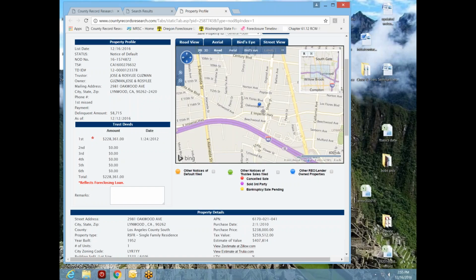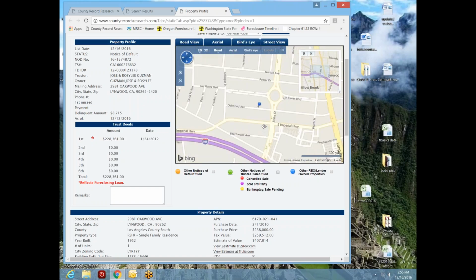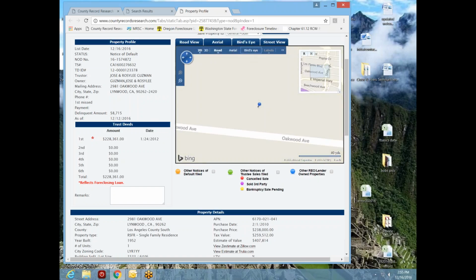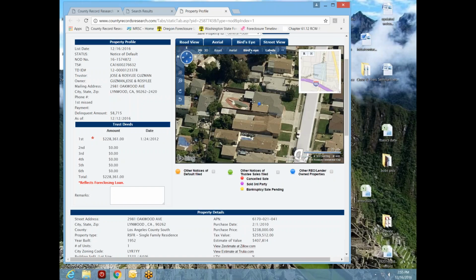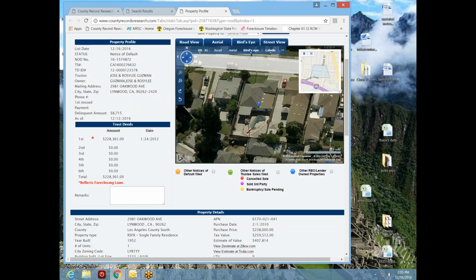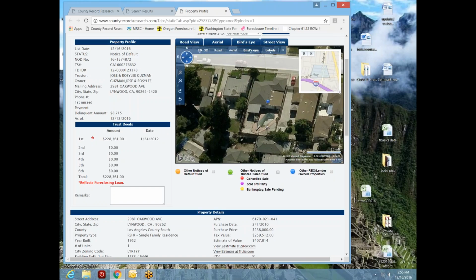So now using the mapping function and the wheel on my mouse, I'm zooming in and hitting my bird's eye option, and now we get to look at the house. It looks like they've got a swimming pool in the backyard. Obviously they concreted the backyard in. It's not the prettiest yard, so that's going to take some cosmetic work, as that has some aesthetic questions as far as the pool goes.